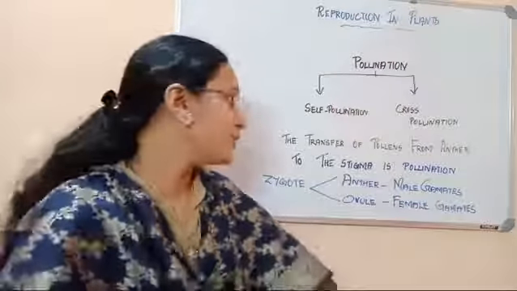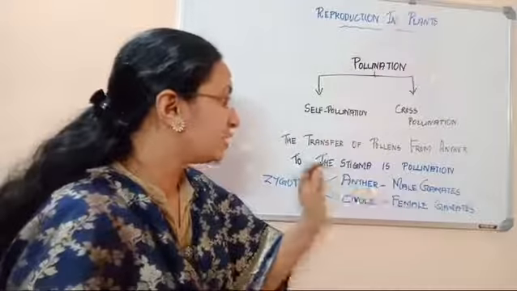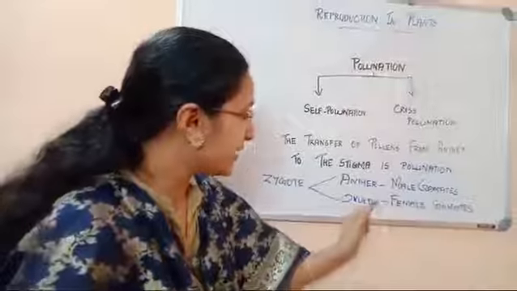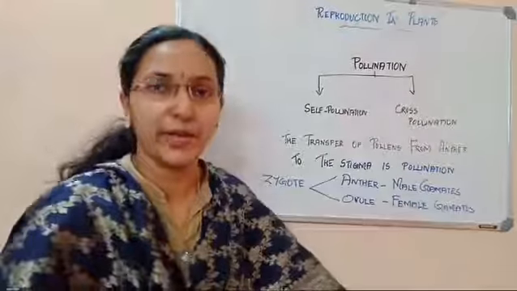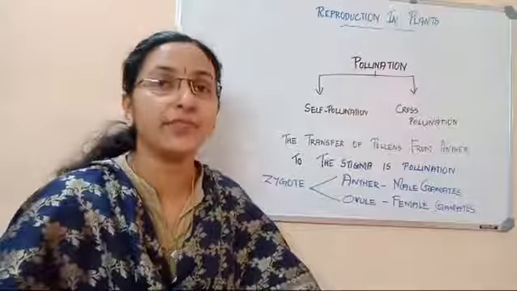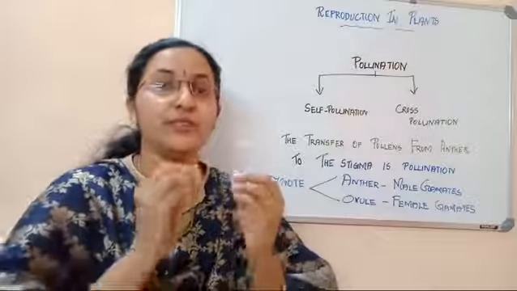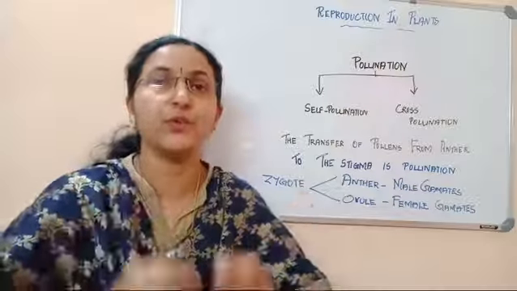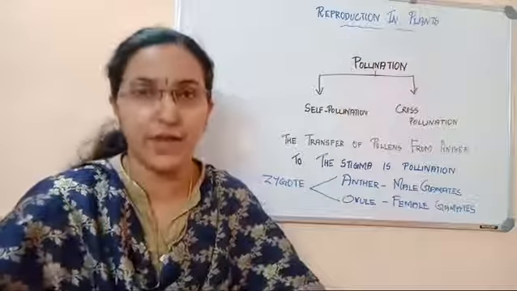The pollen inside the anther are the male gametes, and inside the ovule is the female gamete. The fusion of male gametes and female gametes forms a zygote, and this zygote grows into a new individual offspring from the parent plant.